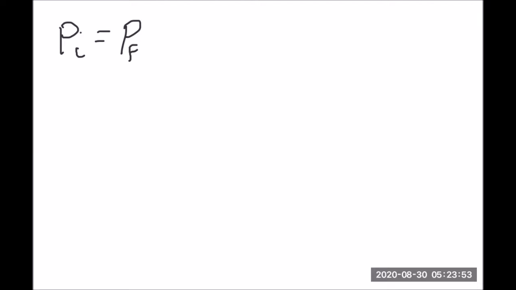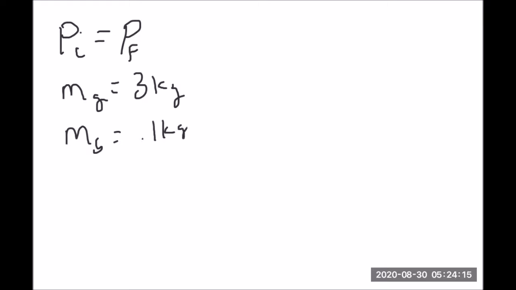So let's take this situation. Let's say you have a gun that fires a bullet. Let's say the gun has a mass of 3 kilograms, and it fires a bullet with a mass of 0.1 kilogram with a velocity of 200 meters per second.